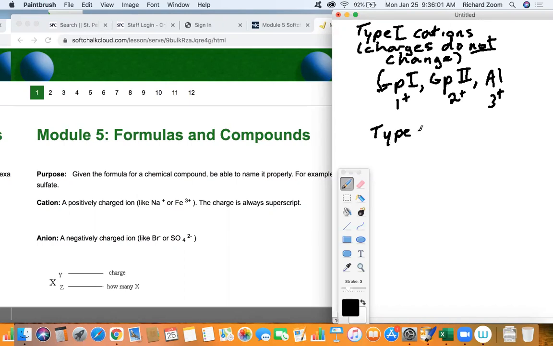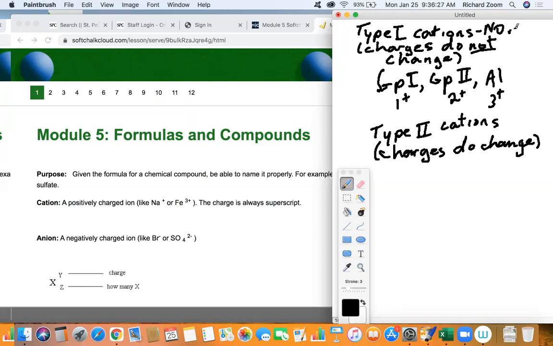Type 2 cations. These charges can change, or they do change. Now, the consequence of all of this is that these don't need Roman numerals, because the Roman numeral is about the charge.